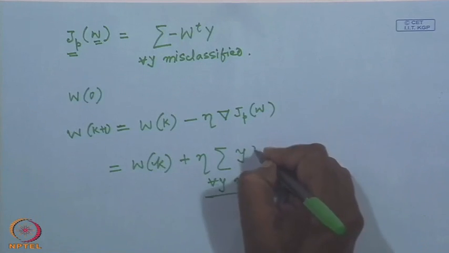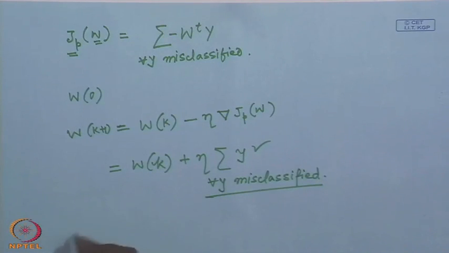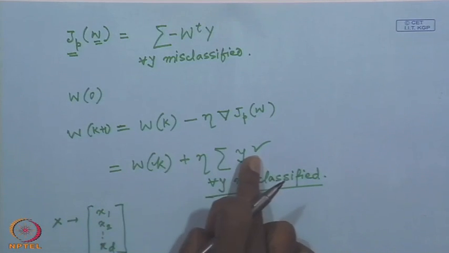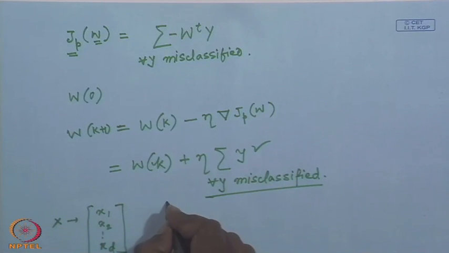And how do I get this y? If my original given feature vector is x, I append 1 to this x. So, if this x is x1, x2 up to xd, I get y by appending 1 to this vector. So, my y becomes 1, x1, x2 up to xd.